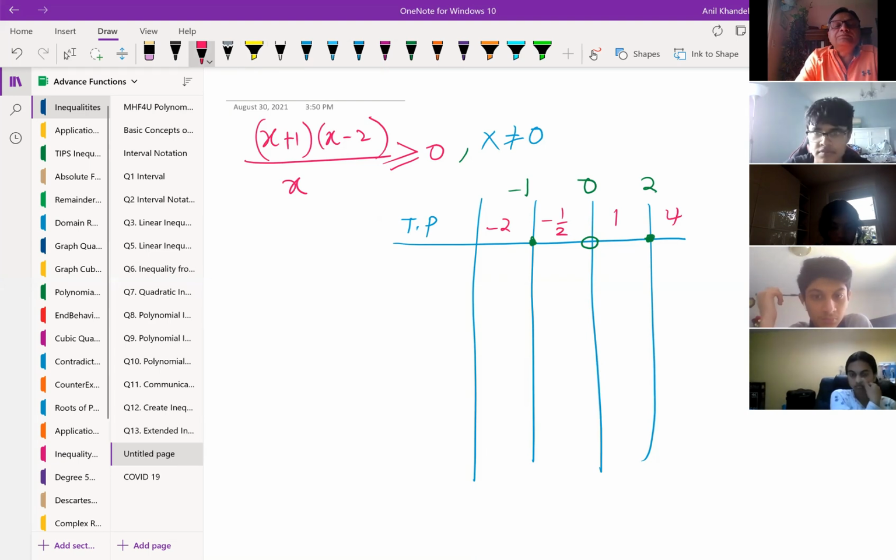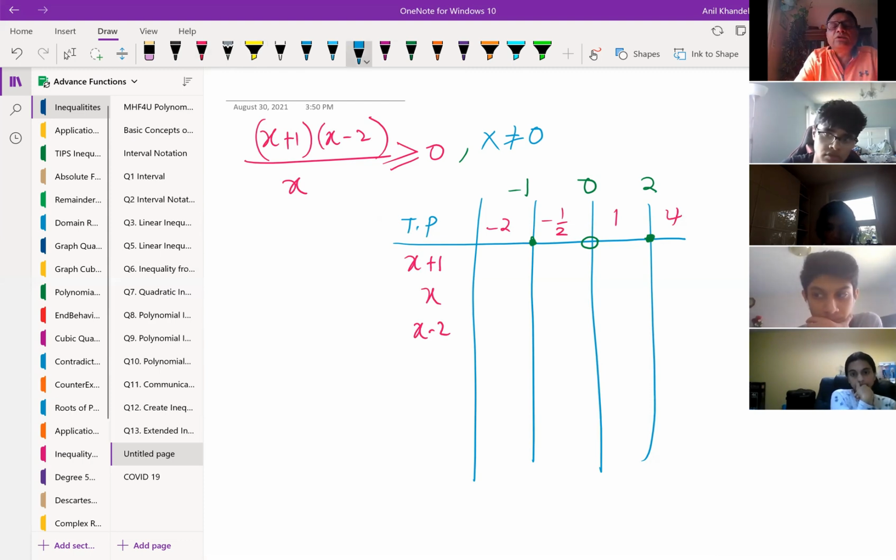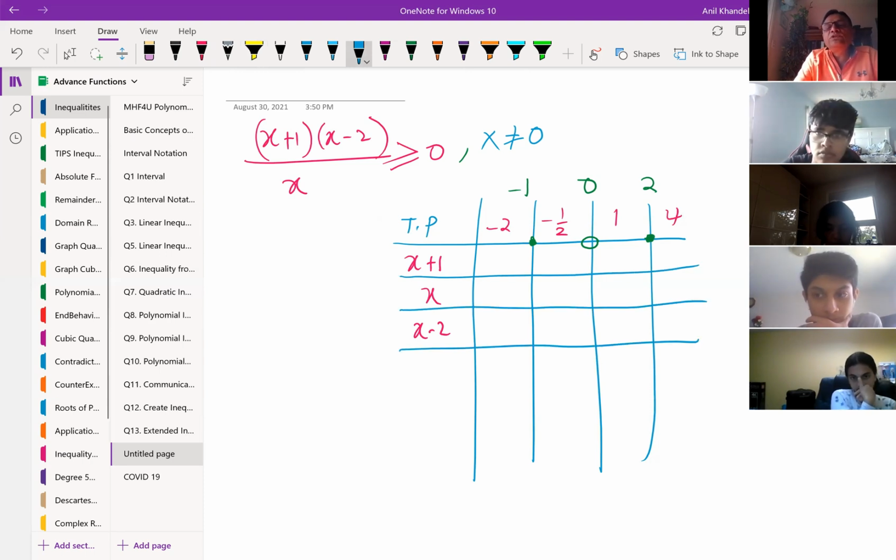We'll write here, I will prefer to write x plus 1 first, then x, and then x minus 2, since that is the order in which I have written my zeros and all those points, correct? You could write them in any order. Now, tell me, for x plus 1, if I use negative 2, what sign do I get?